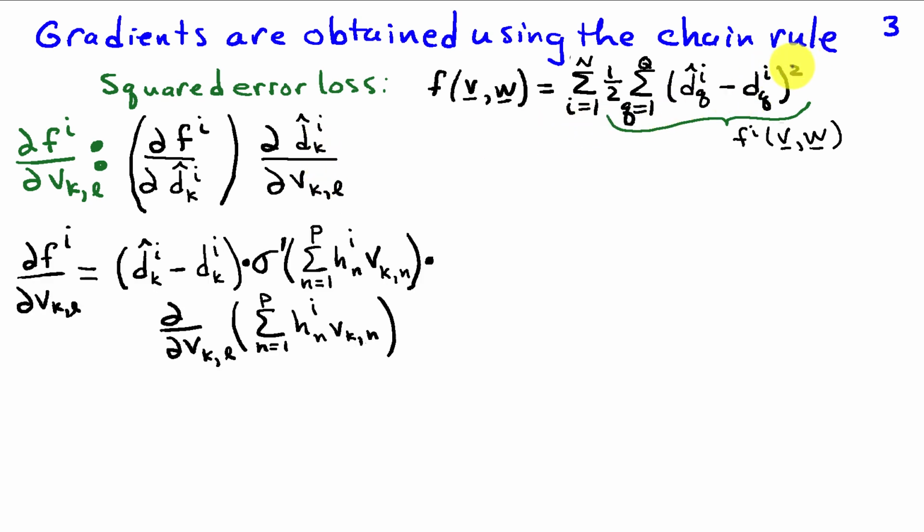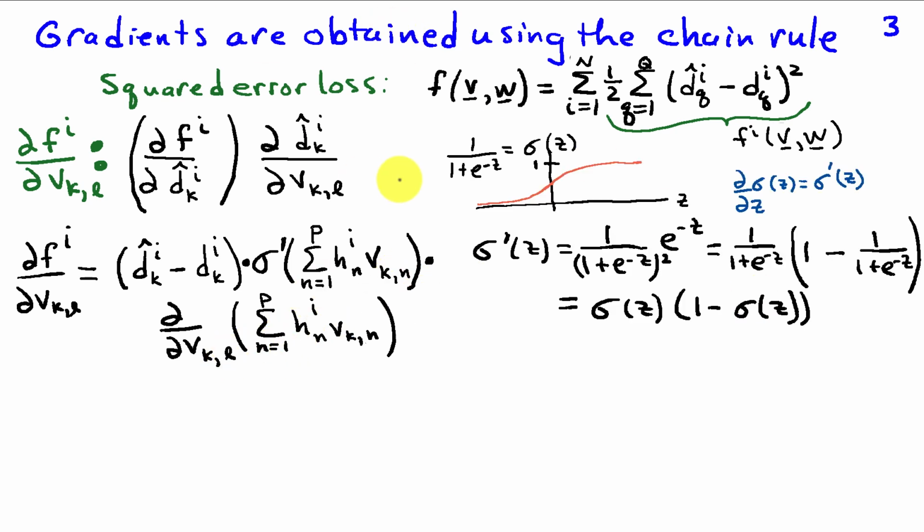So using this squared error loss, I take the derivative of this with respect to v sub k comma l, and since v sub k comma l is associated with the kth value of the output labels, instead of summing over q, I'm just going to look at the kth one. And so differentiating, I have 2 times 1/2, that goes away, and then I have the parentheses here times the derivative of the activation function with respect to its argument times the derivative of that argument with respect to v.